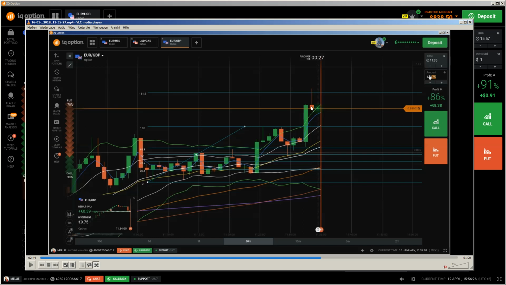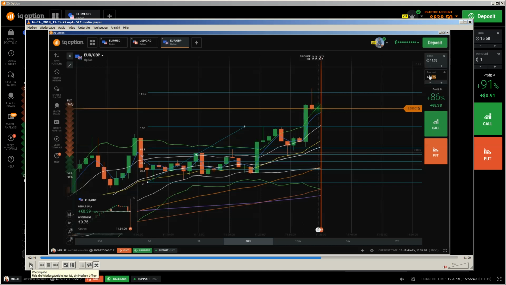At the end, after such a candle, you can enter into a put if you have no price action on the left, like I have explained so often. If you have no price action on the left, you can do a put here because that is something like an extreme level. So let me see if I can show you this. At the end, in this trade, I will not enter immediately.